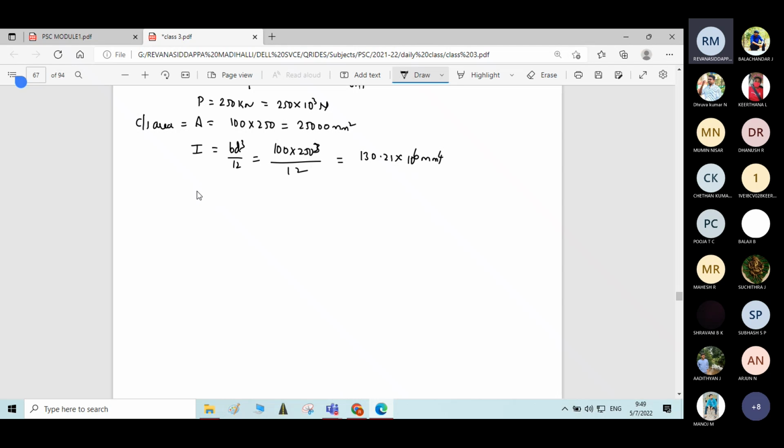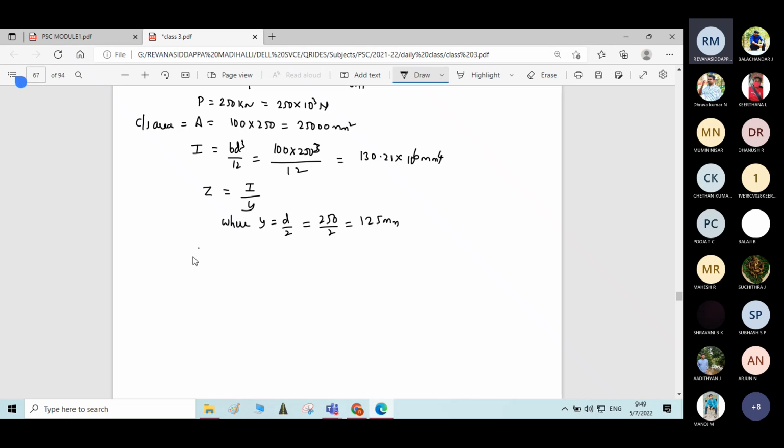If you know the moment of inertia, you can find section modulus. Section modulus Z is equal to I by Y, where Y is equal to D by 2 for the symmetric section, total depth divided by 2. Depth is 250 divided by 2, we'll get 125 mm.